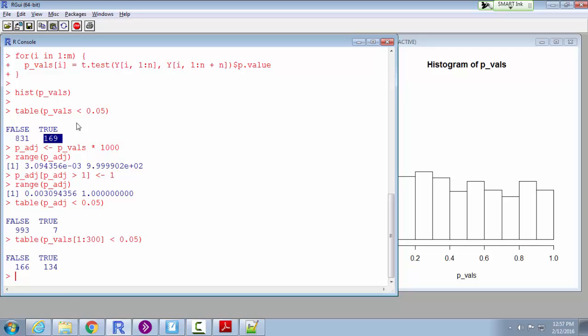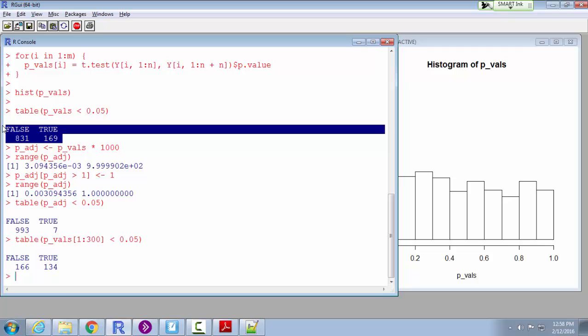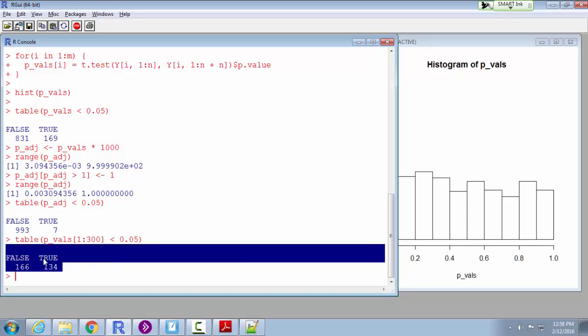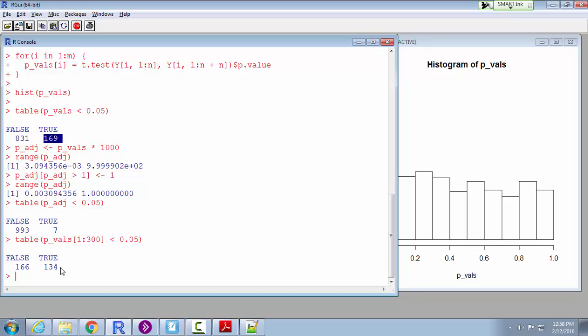So 134 out of those 169 are true positives. You don't know that in practice, though. In practice, all you know is your p-values. You can do this calculation, but you don't know which are the real and which are the false discoveries. We're playing pretend with a simulation so we can print this out. So that means of the 169, not all of them belong in there, right?